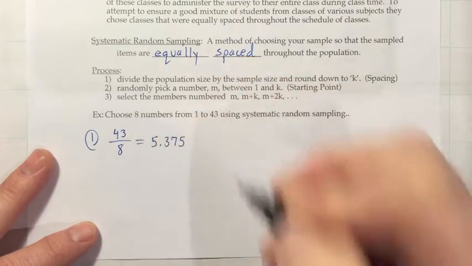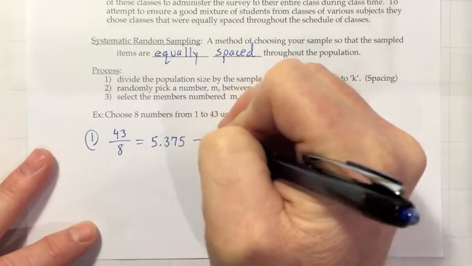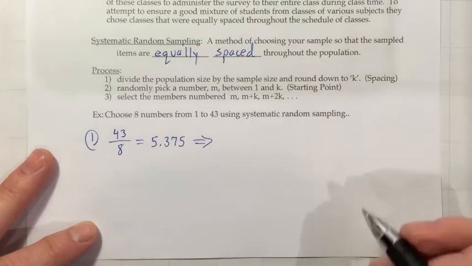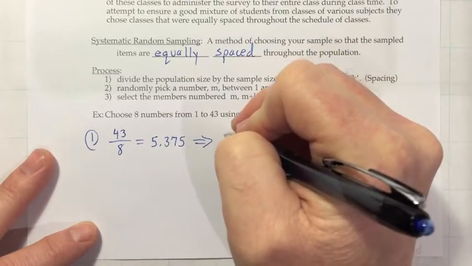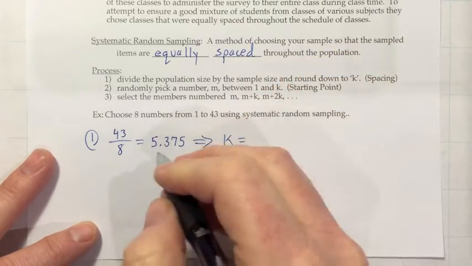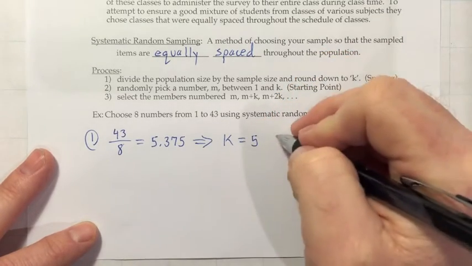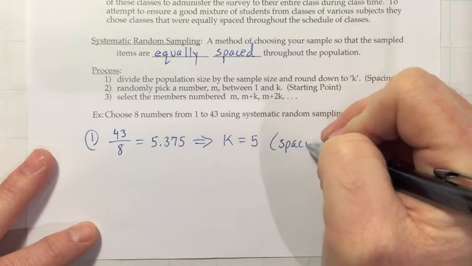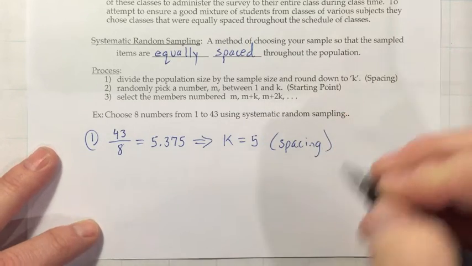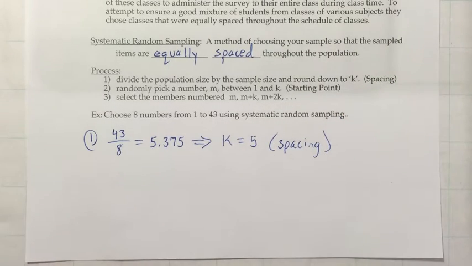You can verify that on your own. And then the step says to round that down to k. So our k is always going to be an integer. So if we rounded 5.375 down, we'd get k equals 5. And according to that, that's going to be our spacing. So when we start choosing our numbers from 1 to 43, we're going to be choosing every 5th number.